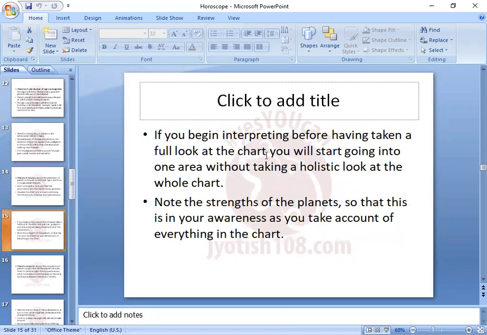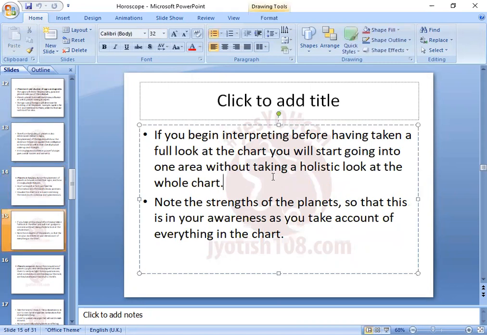If you begin interpreting before having taken a full look at the chart, you'll start going into one area without taking a holistic look at the whole chart, and you will find your interpretations going haywire. So note the strengths of the planets so that this is in your awareness as you take account of everything in the chart. This is just about learning where the planets are placed, not interpreting them.